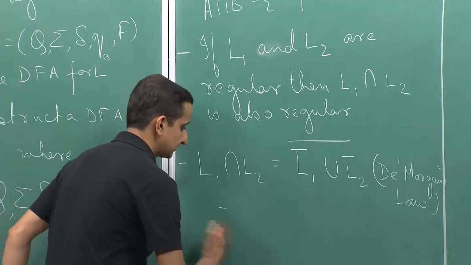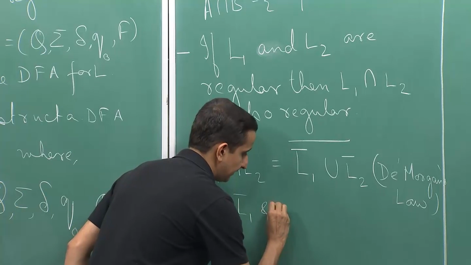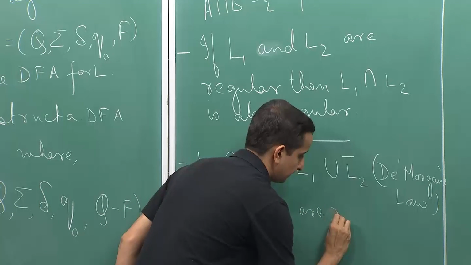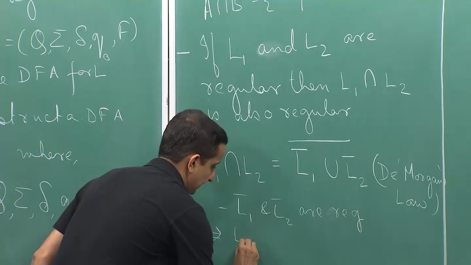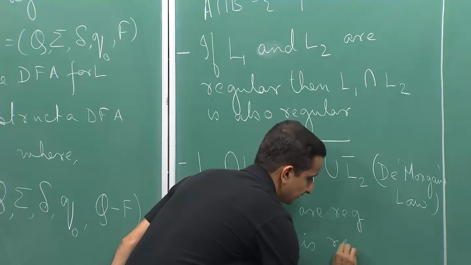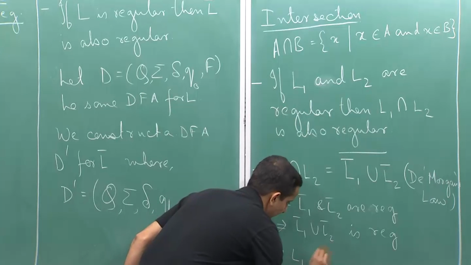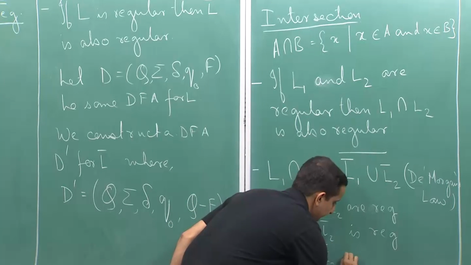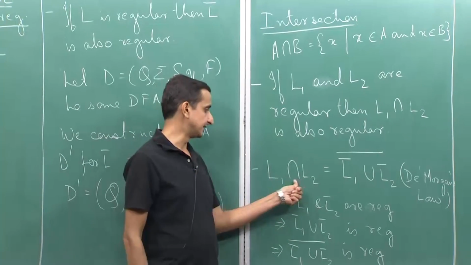So, if I write it in steps, what we have is: L1 complement and L2 complement are regular, which implies that L1 complement union L2 complement is regular, which implies that L1 complement union L2 complement whole complement is regular, which is nothing but L1 intersection L2.